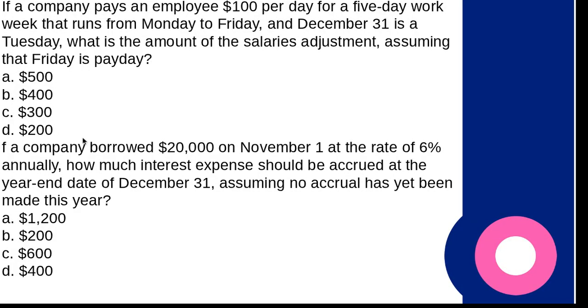I can't calculate this one now from my brain. 6 times 200 will give us 1,200 divided by 12, that will be 100 naira. So the interest payable per month is 100 naira. The 100 naira times 2 months will be $200. So B is the answer in this place.